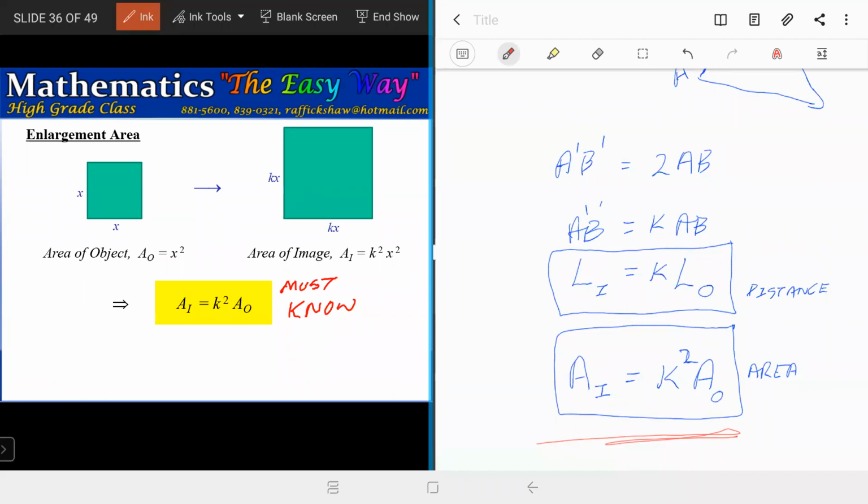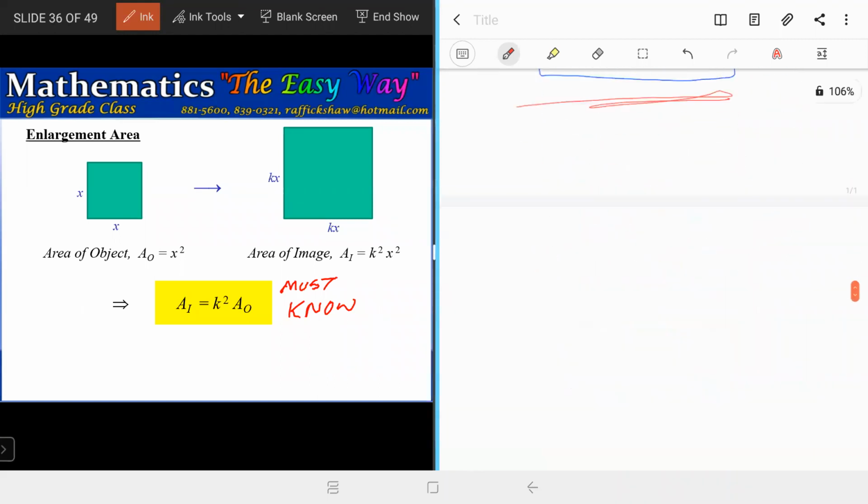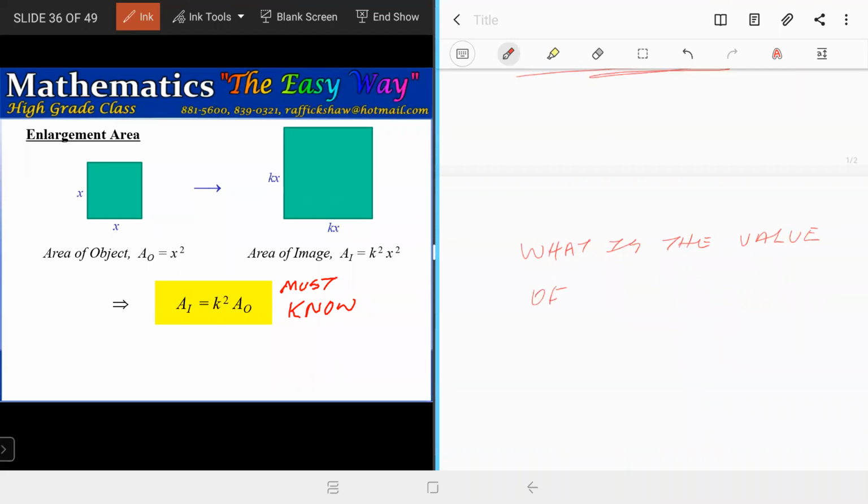Sometimes a question will ask you, for example, what is the area of an object? What is the area of an image? So the question asks you, what is the value of, I might get something like, area of triangle A prime, B prime, C prime divided by the area of triangle ABC.